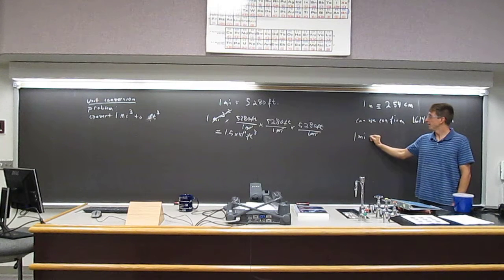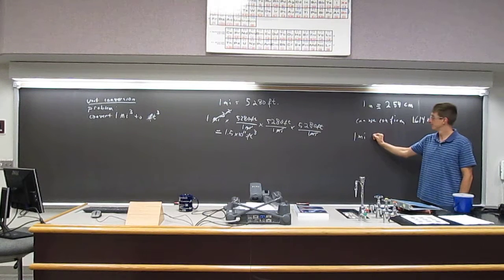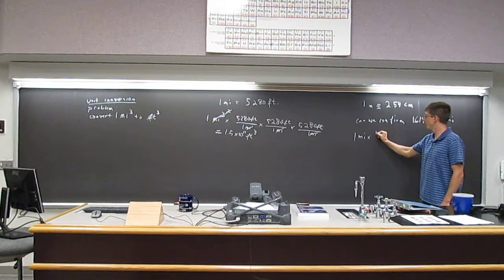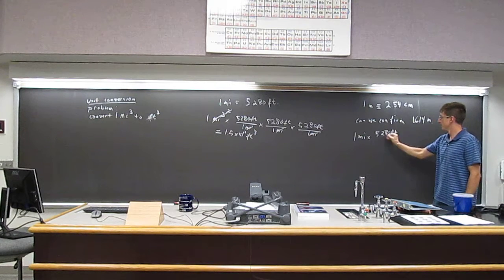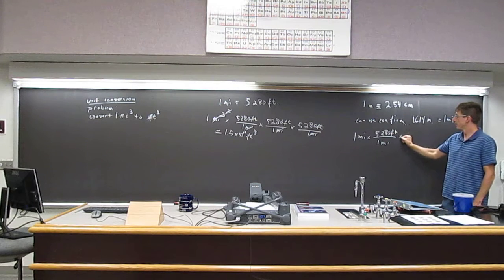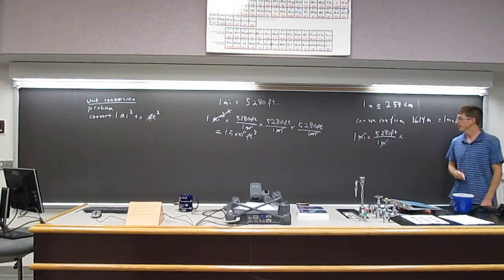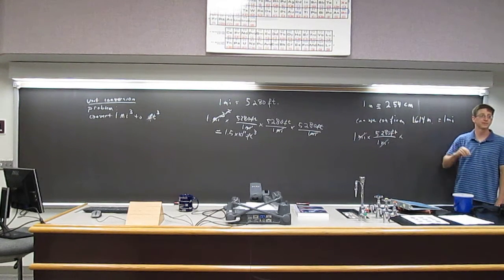So 1 mile, what was it? 5,280 feet, right? So I'm going to multiply this by 1 as 5,280 feet over 1 mile. If I canceled the units here, I'd be left with feet.